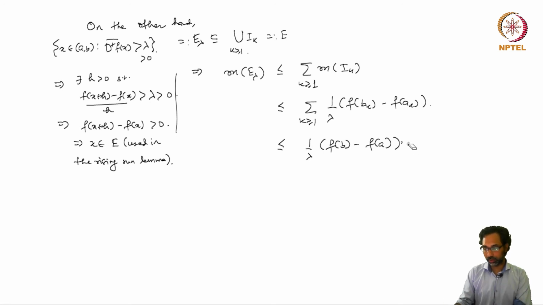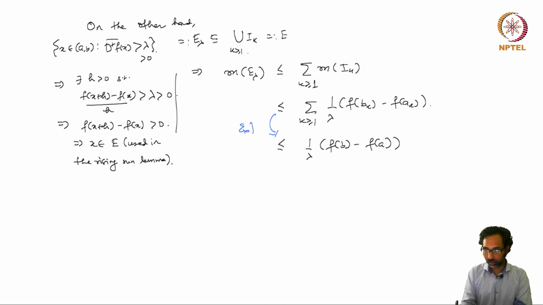So by taking a sort of a partition of the interval (a, b), you can fill in other points, and this is a telescoping series, so that these terms f(b_k) and f(a_{k+1}) will cancel out, and you are only going to be left with f(b) minus f(a). So I am going to leave this as an exercise.